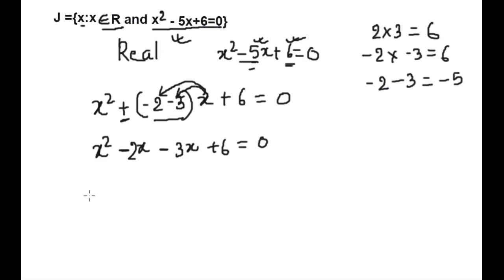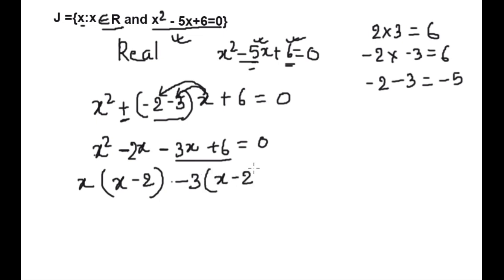Now we will take out common factors. x is common here. We can write x minus 2 because one x is outside. Minus 3 is common in this. We can write minus 3 times x minus 2. Minus minus plus, 3x plus 6x is equal to 0.